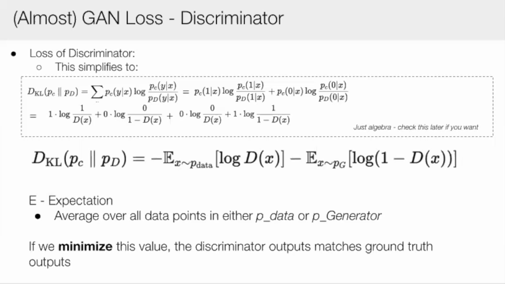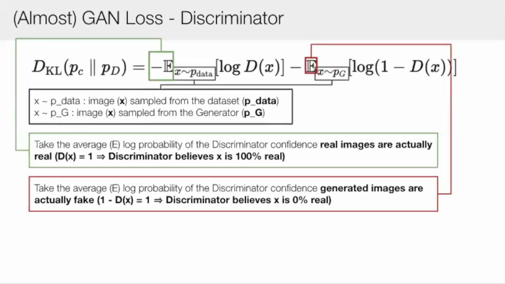First, this E term is the expectation, and you can just think of it as an average. If you have a bunch of different terms, the expectation is the average over them. It's a little bit of a simplification, but mathematically in this case, that's what it's doing. Remember the squiggly sign: X, our image, is sampled from P data.